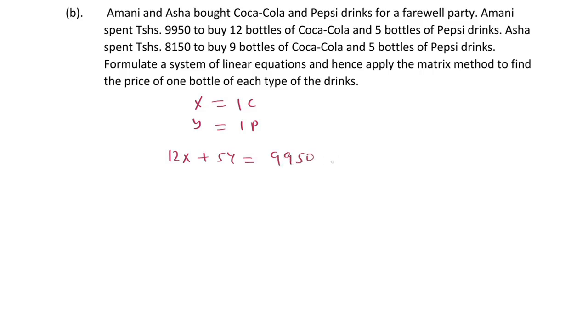So we are going to call this equation number 1. And also, the equation for the amount of money which Asha spent is going to be 9x plus 5y equals 8,150. And then we are going to call this equation number 2.